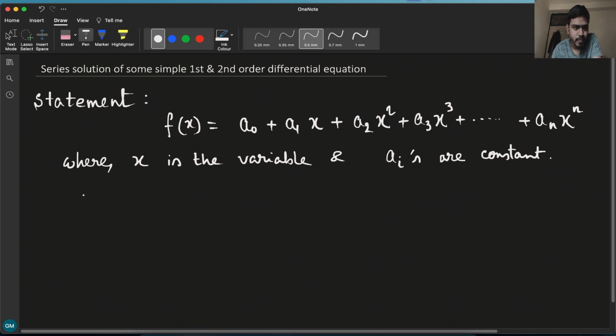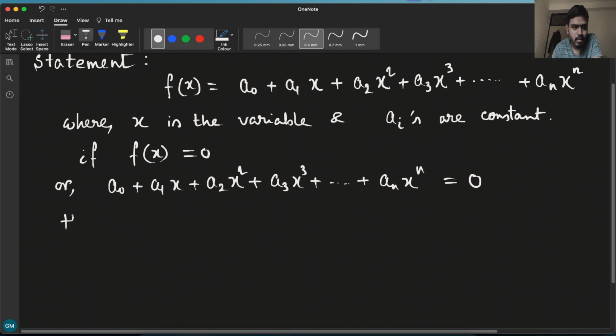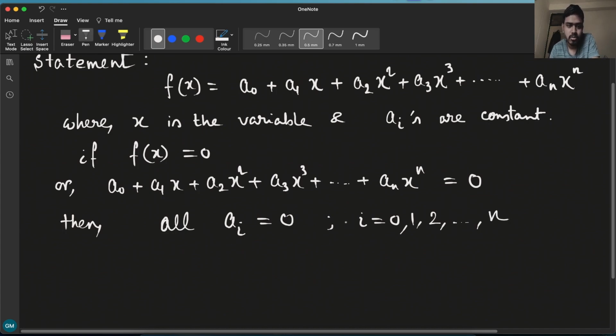In that case, if f of x equals 0, that is, a0 plus a1 x plus a2 x square plus a3 x cube plus dot dot dot plus an x to the power n equals 0, then we can say that for i equals 0, 1, 2, dot dot dot n, all the ai's are individually 0.